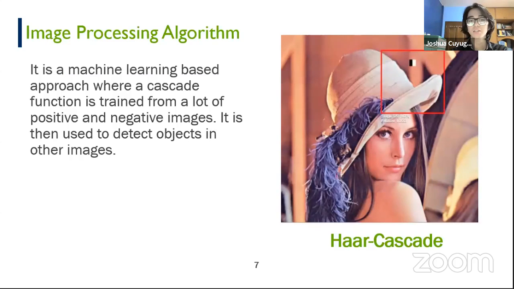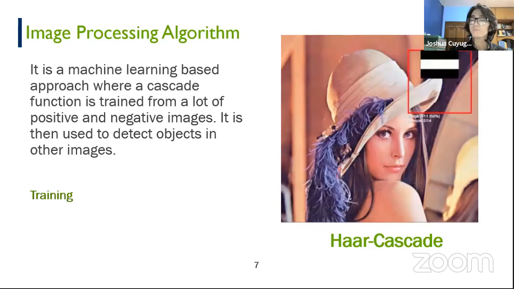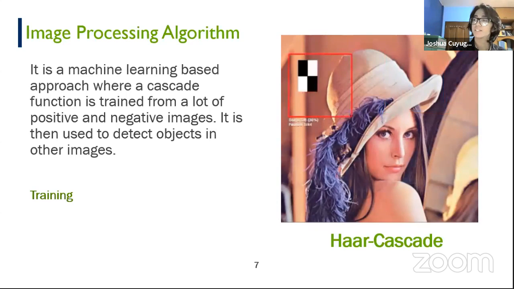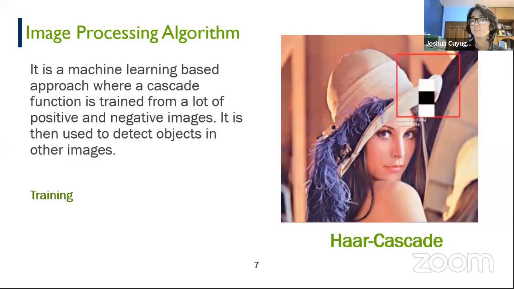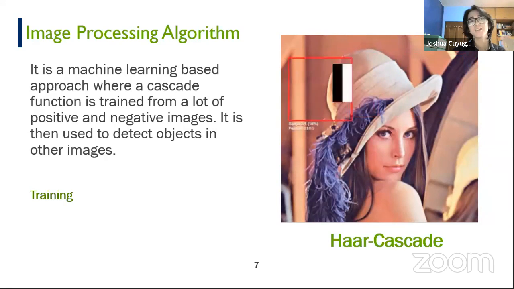As you can see in the video, if we can play this video, what you can see there are the Haar features, wherein it's detecting distinct features on the image. It is predominantly used for detecting faces and other everyday objects, but mostly faces of people.